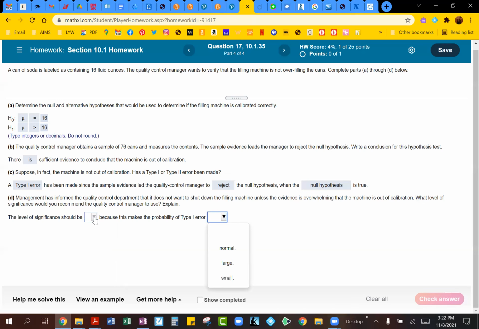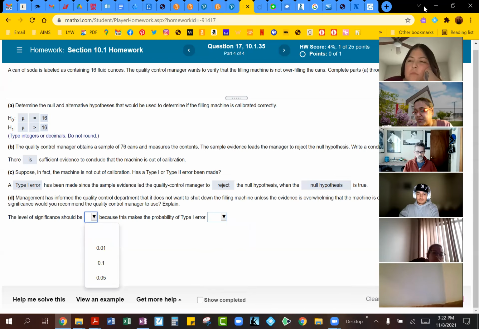So, depending on which level of significance you use, that will tell us what kind of probability we will have for the type 1 error. This is where I was mentioning to you earlier, if you increase the level of significance, it's more likely that your null hypothesis will be rejected. So, they were talking about consequences.